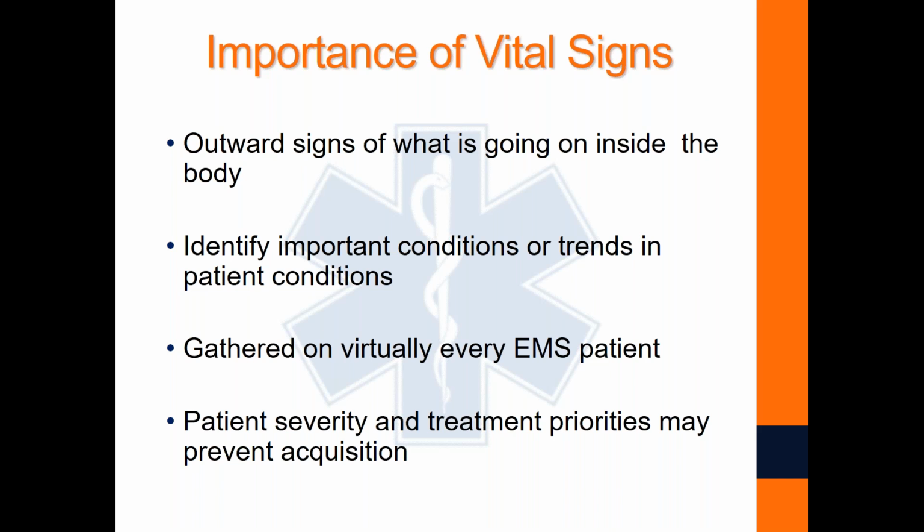The same thing when we measure a patient's pulse, when we look and see what is that pulse rate, rhythm, and quality, because we're always checking pretty much the same things when it comes to that. It's very important, as I said already, in identifying patient trends and noticing different possible conditions.